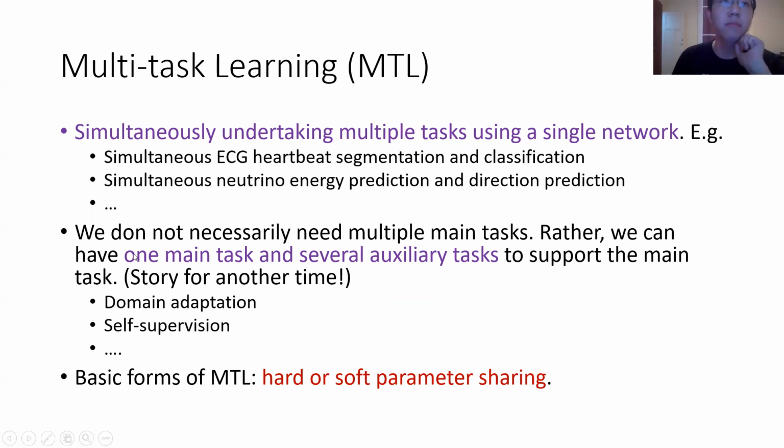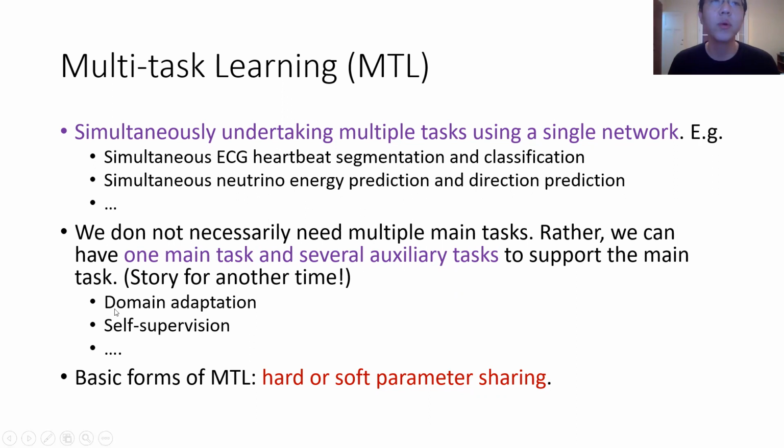But in many cases, we don't necessarily need multiple main tasks. Rather, we can have one main task and several auxiliary tasks to support the main task, and the main task and all these auxiliary tasks can be bundled up under the same single MTL network.